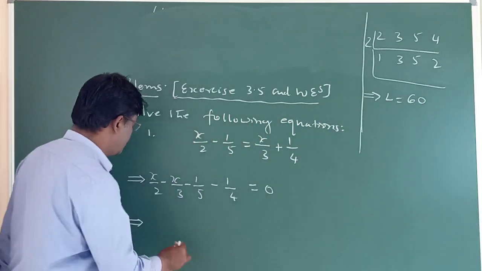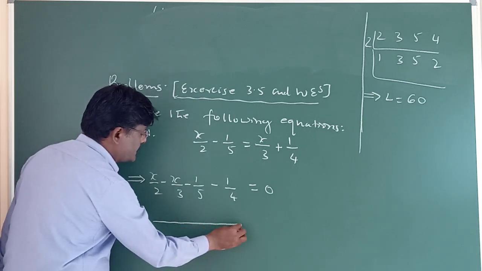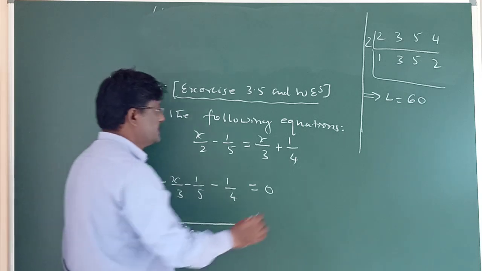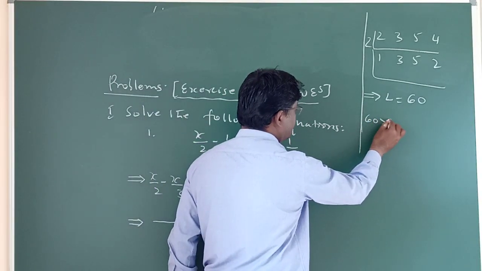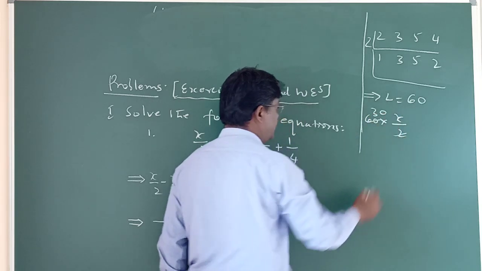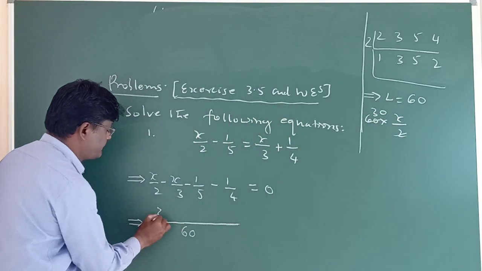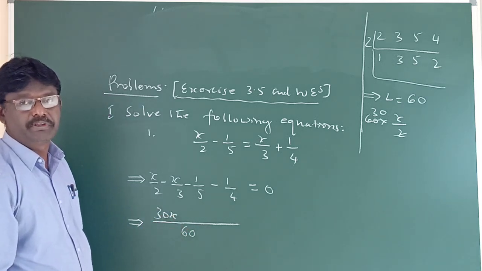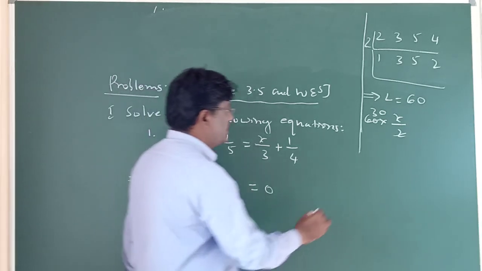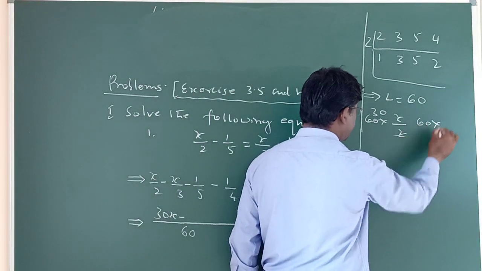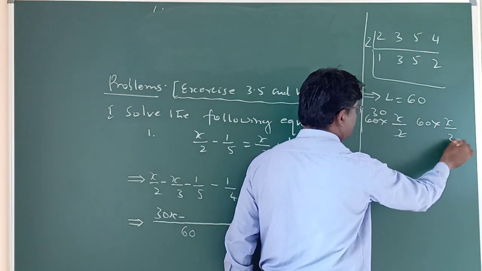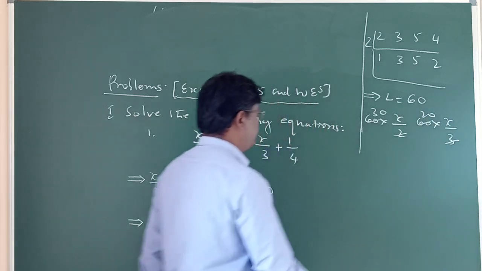Okay, so that LCM we have to write here, 60. Next, 60, we know fundamentally LCM into first fraction x by 2, it goes 30 times, 30x. Next, what should be the sign? The sign is minus. Take LCM into second fraction, x by 3, 20.